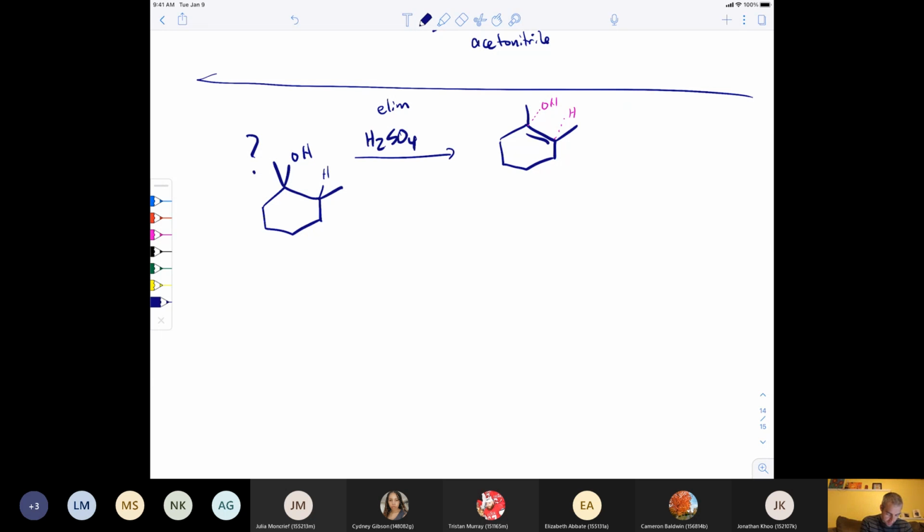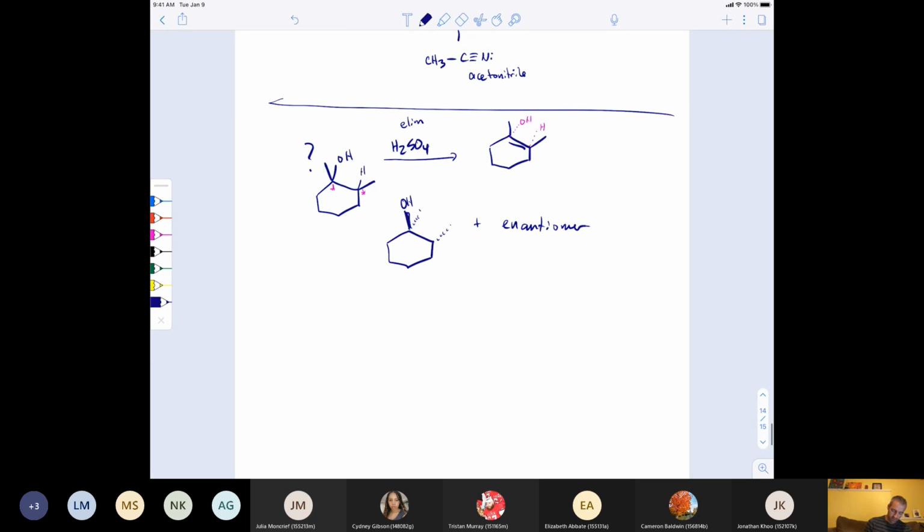Is it the only possible product? Well, it turns out that this molecule that we've drawn has some chiral centers in it. So depending on how, there's this, plus it's going to have an enantiomer, which is the mirror image, plus it has a diastereomer.